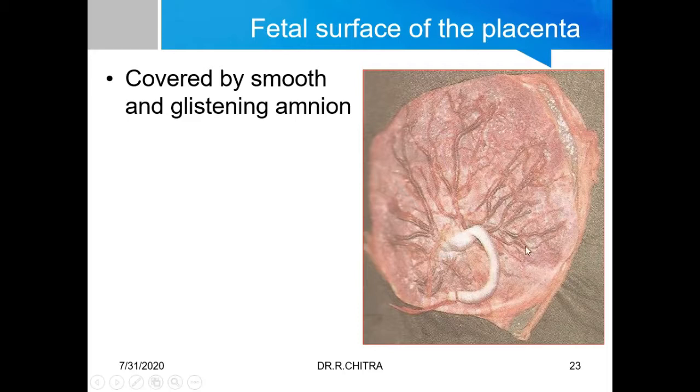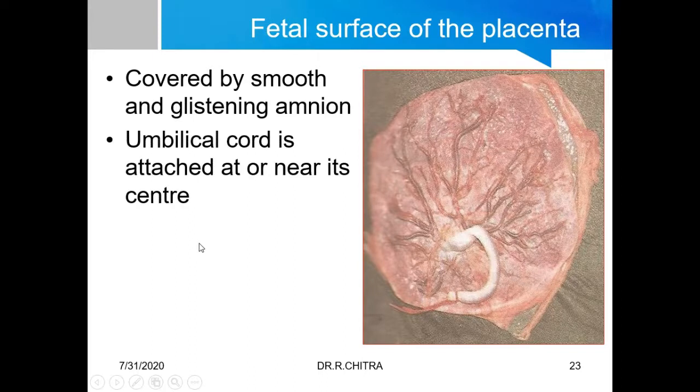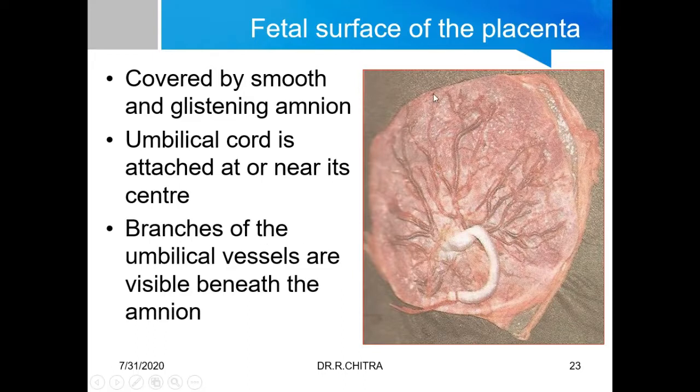So this is the fetal surface. You have to identify the placenta's fetal surface and maternal surface. The fetal surface is covered by smooth and glistening amnion. The umbilical cord is attached at or near its center. Branches of the umbilical vessels will be beneath the amnion. So that surface is the fetal surface.